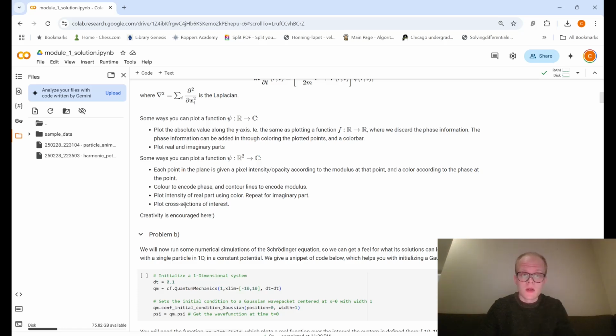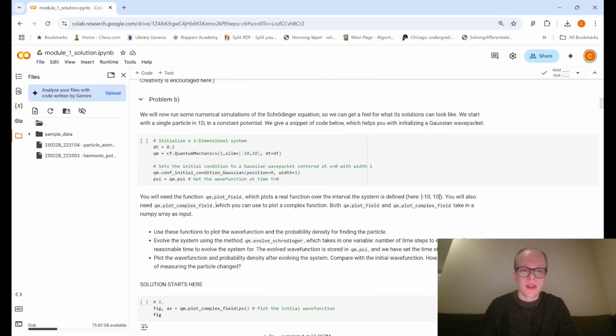You can also just plot the intensity of the real part using color, and do the same for imaginary parts. You can plot those two separately, or you can just look at some cross-section of interest and plot that. So these are just some suggestions. Creativity is very welcome here, so feel free to think about some more creative ways you can plot some complex functions.